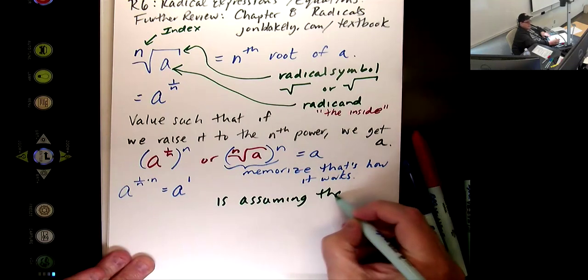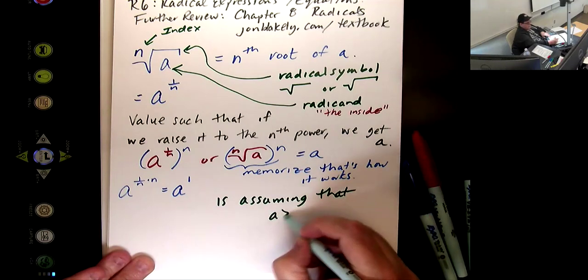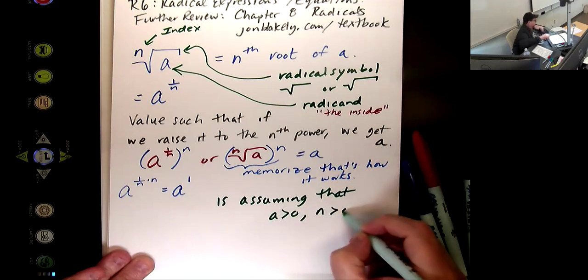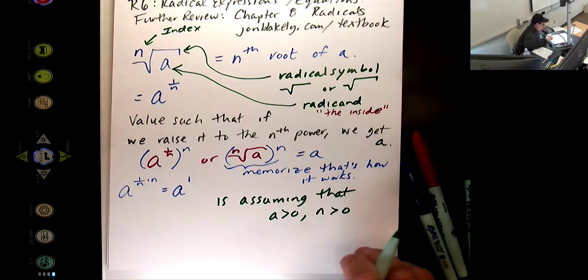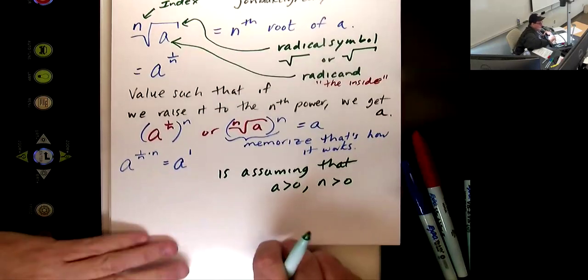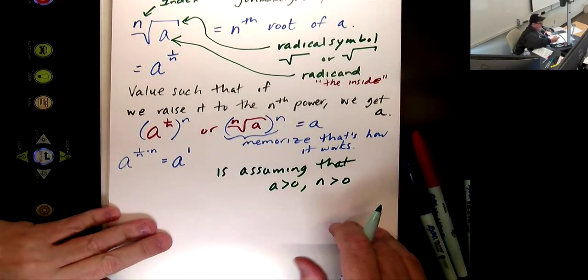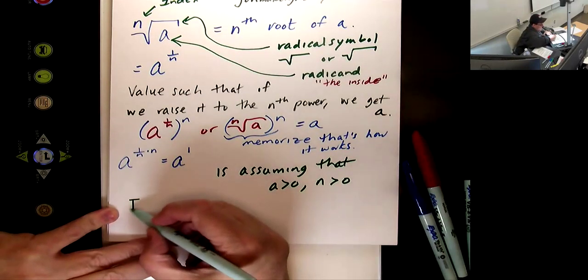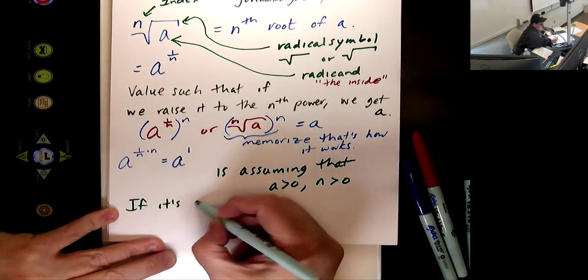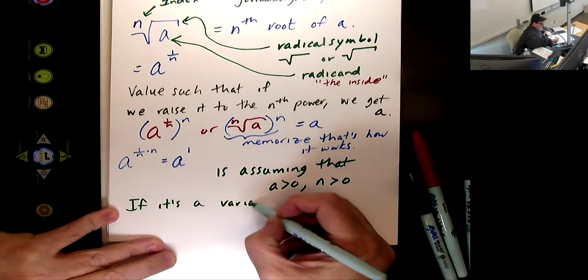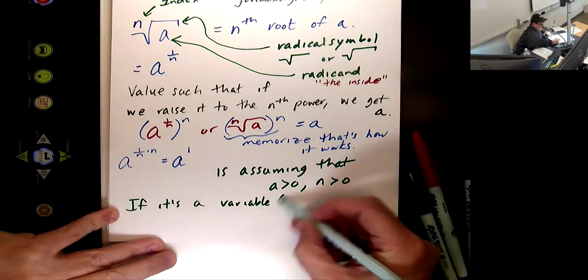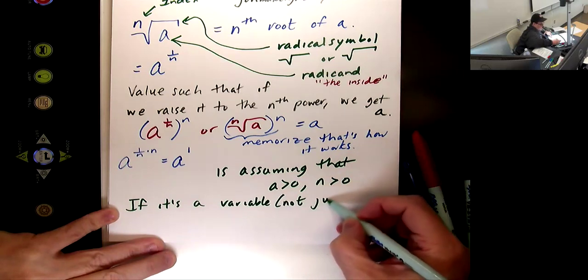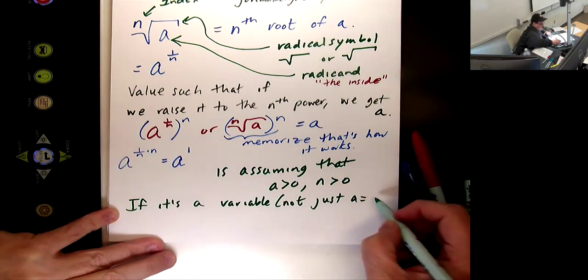that A is a number greater than 0 and N is greater than 0. So assuming they're numbers, not just A equals some known value.